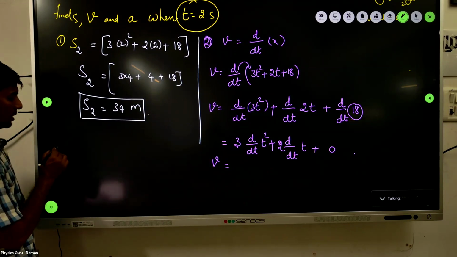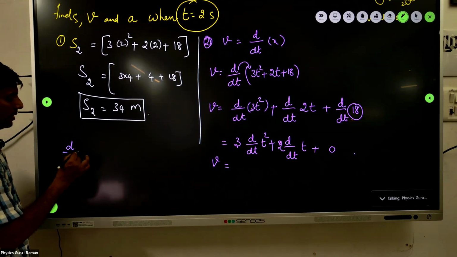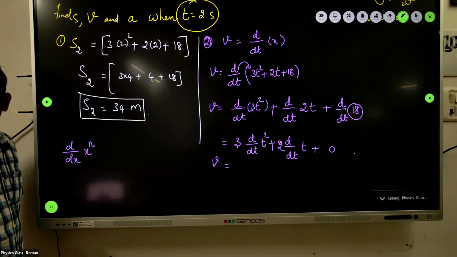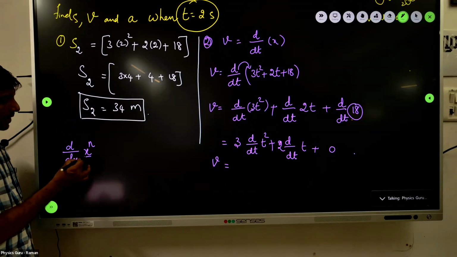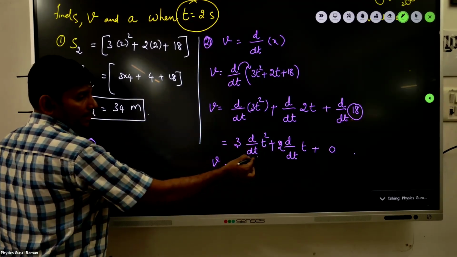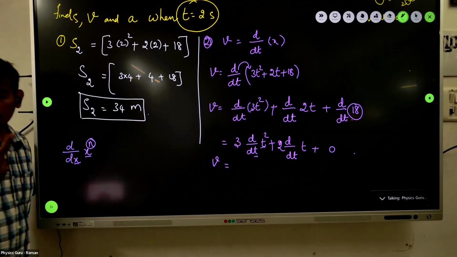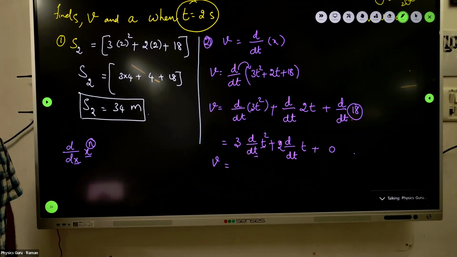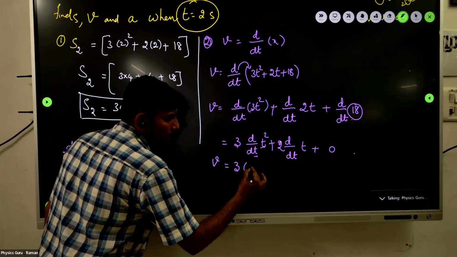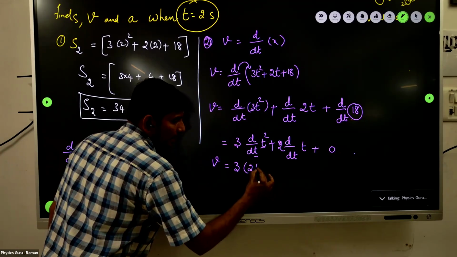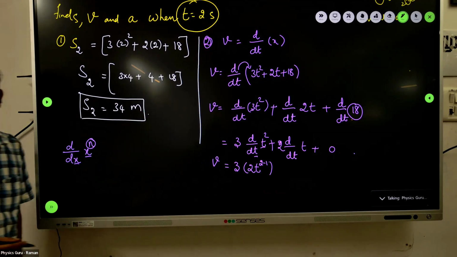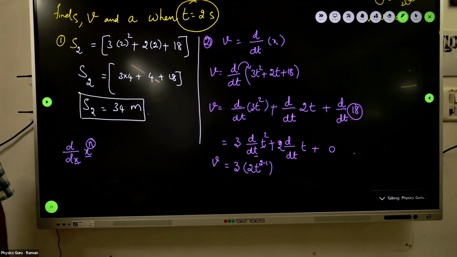You remember just a few minutes before we learned d by dx of x to the power n, right? இங்கேயும் x இங்கேயும் x, இங்க பவர்ல n மட்டும் இருக்கு. அப்படி பார்த்தா இங்கேயும் t இங்கேயும் t, பவர்ல 2 இருக்கு. அப்ப n is equal to 2. Can you write it? 3 into 2 into t to the power 2 minus 1. Can you write it like that?